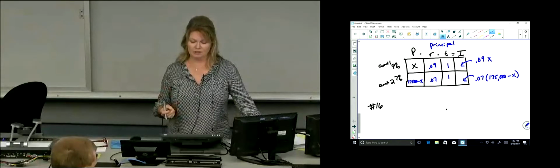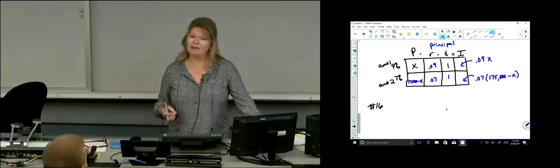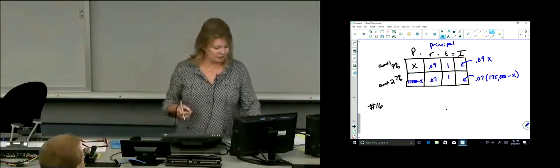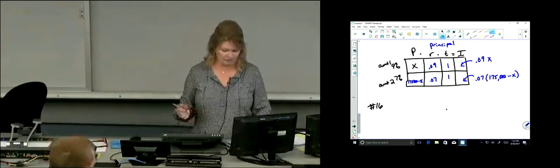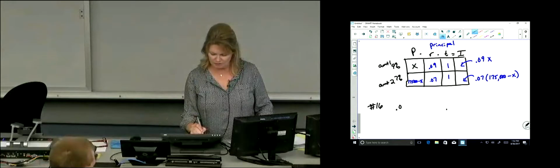Okay. So you needed to know principal times rate times time equals your interest. And then in this particular problem, they told you what the total interest was, how much they were going to earn. And they wanted to earn $14,150. So this is what your equation should have looked like for that problem.